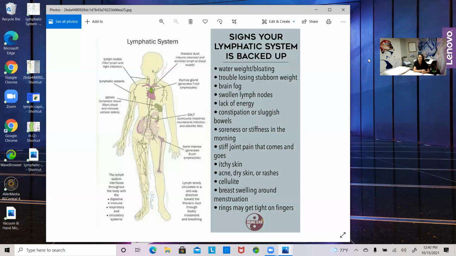And what happens over time, when that is not getting the appropriate movement that it needs, you lose a lot of alkalinity in those areas, and the pH levels drop dramatically. When the pH drops, this allows for the environment to become very acidic. Okay, when you take a starved area that is not receiving the proteins and the appropriate oxygen levels that it needs, what will begin to happen in that environment is scar tissue will start to form.